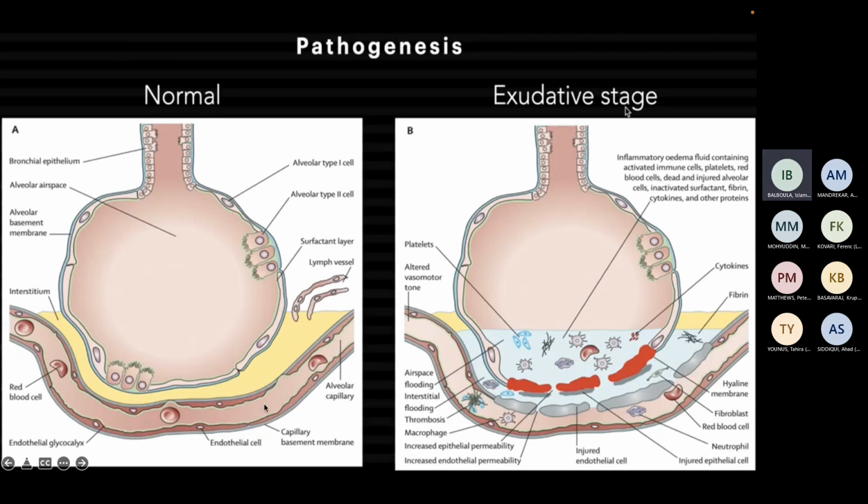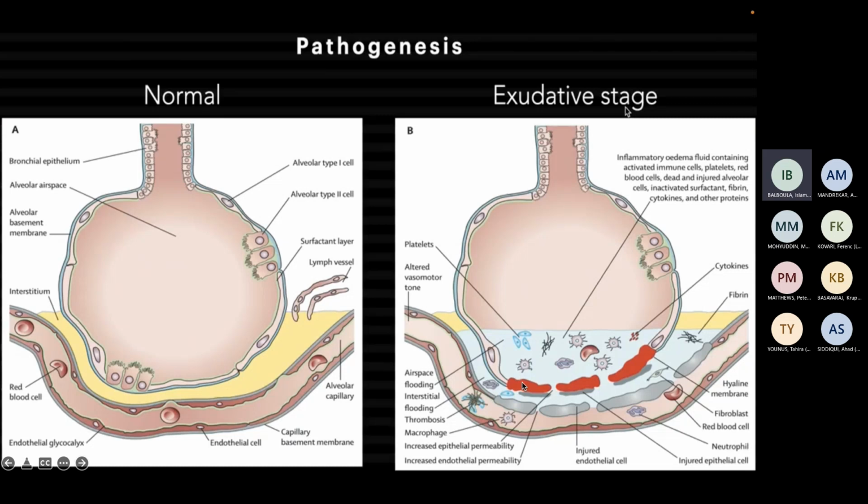This is the blood alveolar barrier. What happens simply is inflammatory damage that breaches this barrier, with flooding of protein-rich plasma into the interstitial space and into the alveolar space.